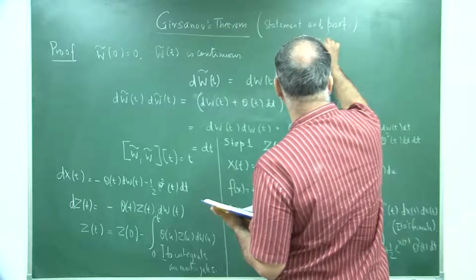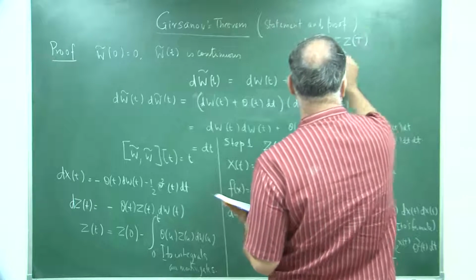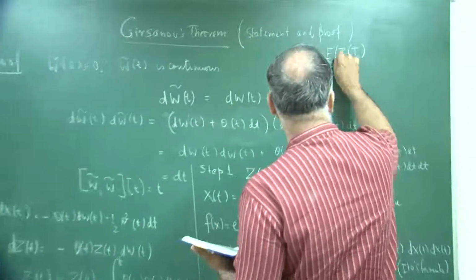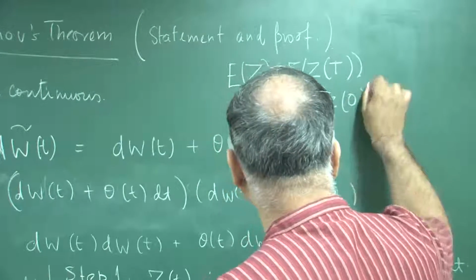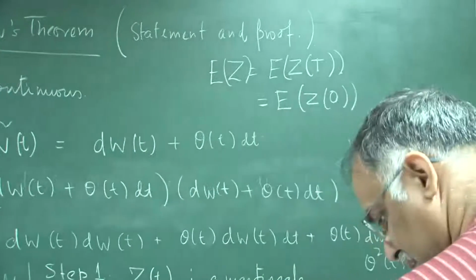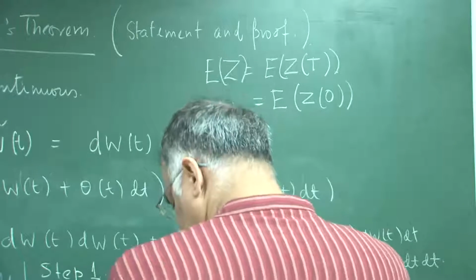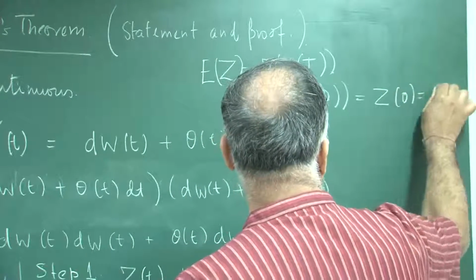now the expectation of z of capital T, because it is a martingale, the expectation at every level remains the same, equal to the expectation of z of 0. So, z of 0 is 1, because it is the exponential of 0.